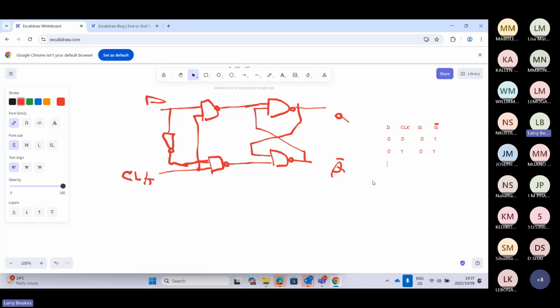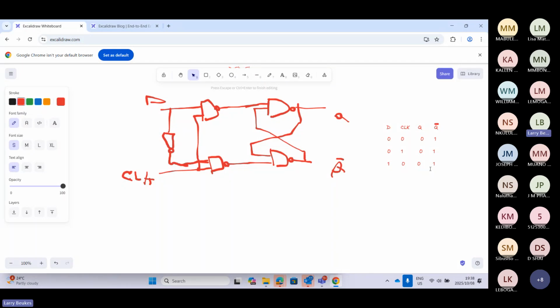Okay. Then when your D is 1, and your clock is low, do you see that it jumps back to 0, 1, 0, 1, right?